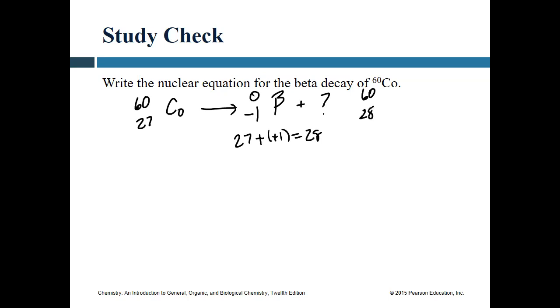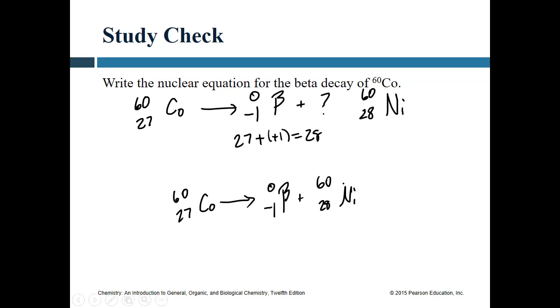So 28 is the atomic number. Atomic number 28 is nickel. So if I were going to write out the full equation here, it would look something like this.